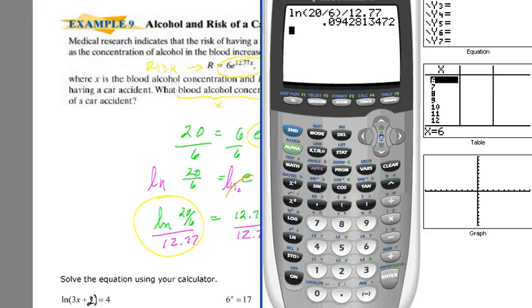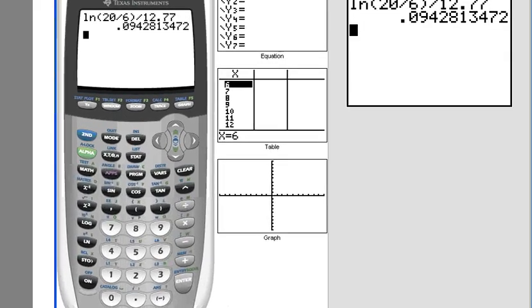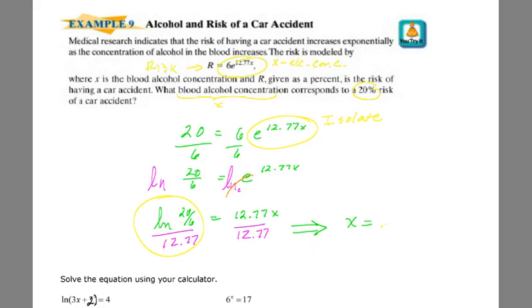That gives 0.09. So if your blood alcohol concentration level is 0.09, then you are at a 20% risk of having a car accident. And you can kind of play this game for different levels, for different risks, or for different blood alcohol concentration levels.